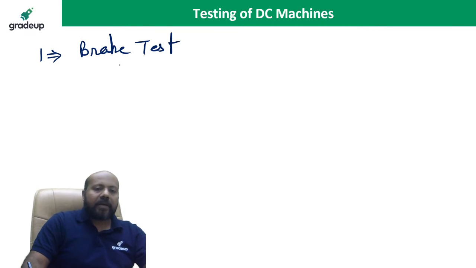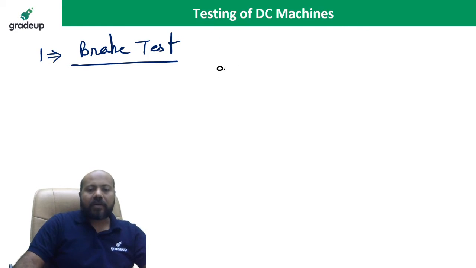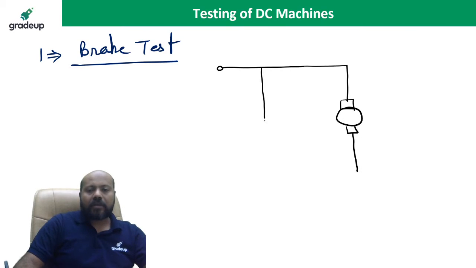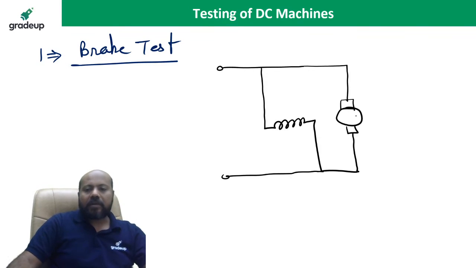Now when we say brake test, it means suppose you have a motor, like this. Suppose this is your DC motor. This is your field winding. And this DC motor, suppose you are going to connect to a brake drum.